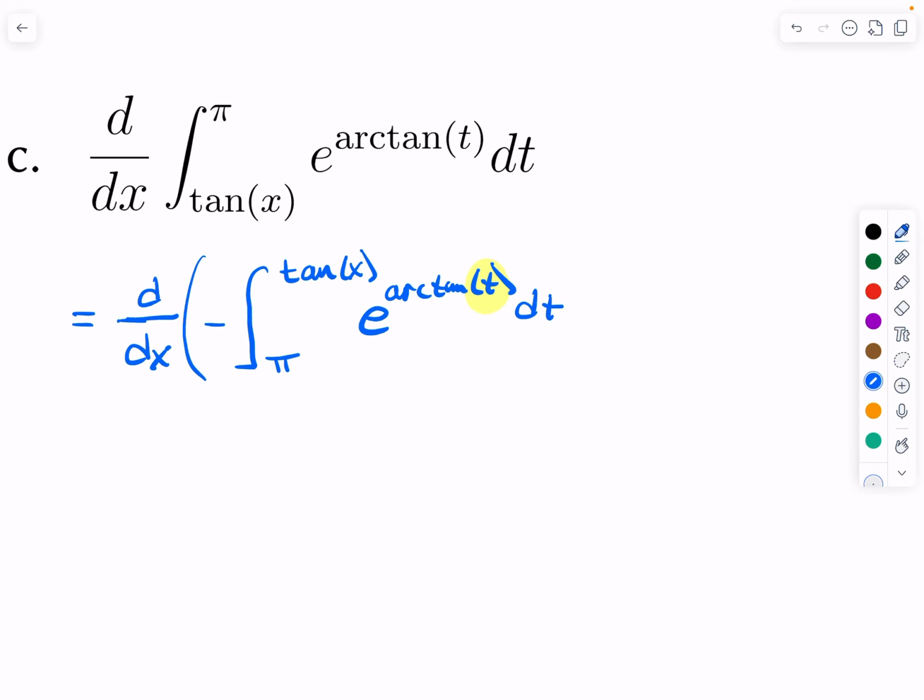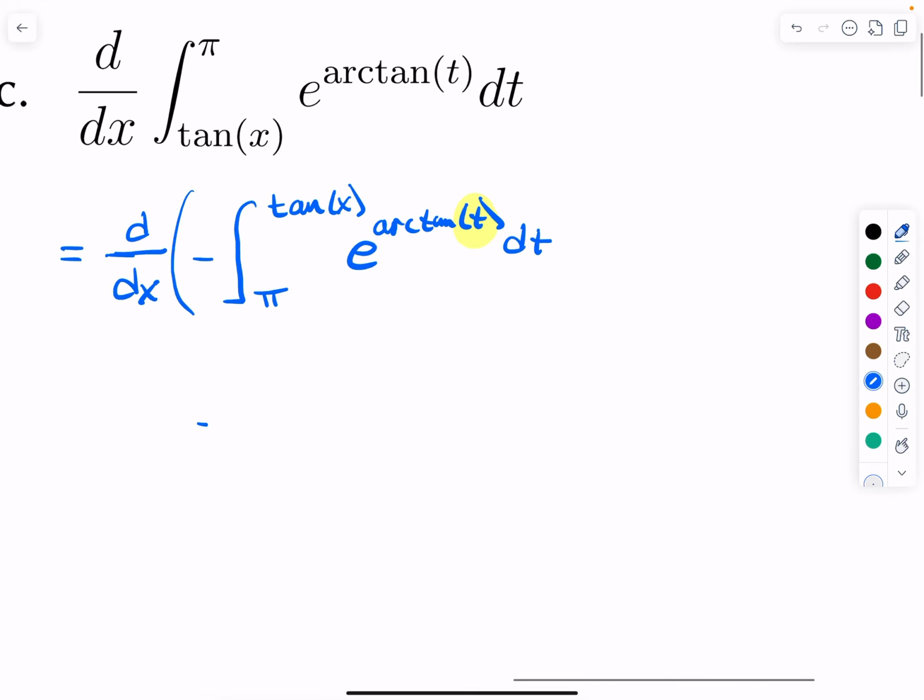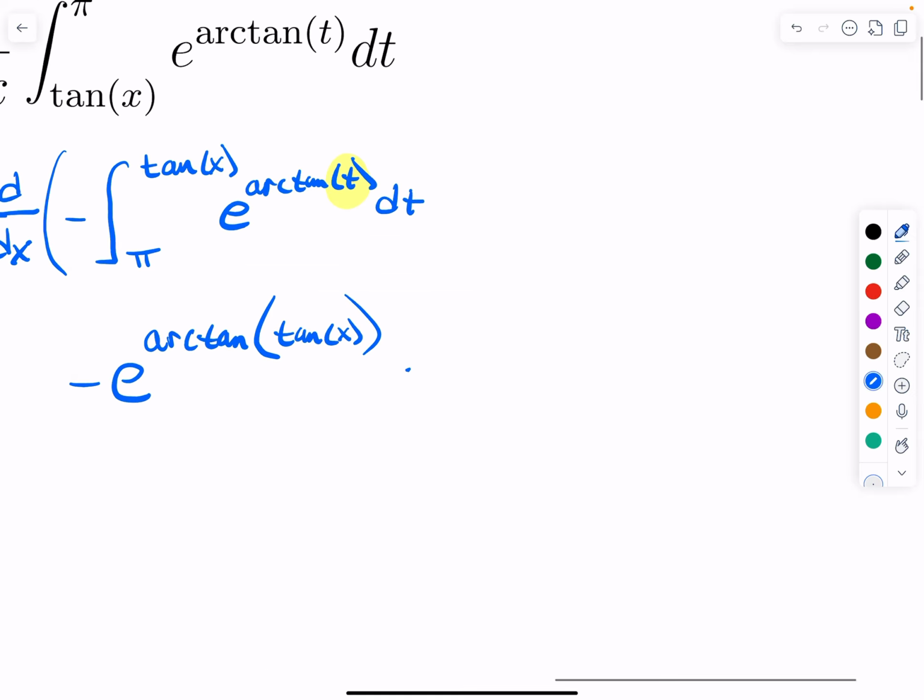And then we'll have to correct things at the end by using the chain rule. But let's do this first. So we got e to the arctan of the tangent of x. And then we have to multiply by the derivative of tangent, which is secant squared.